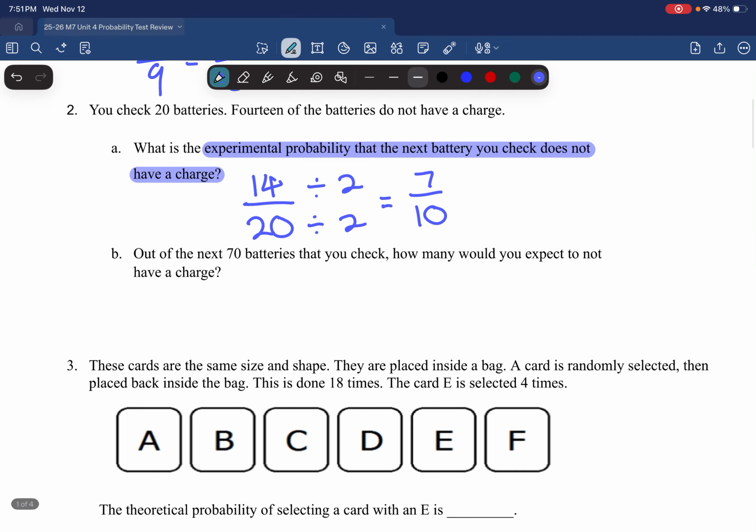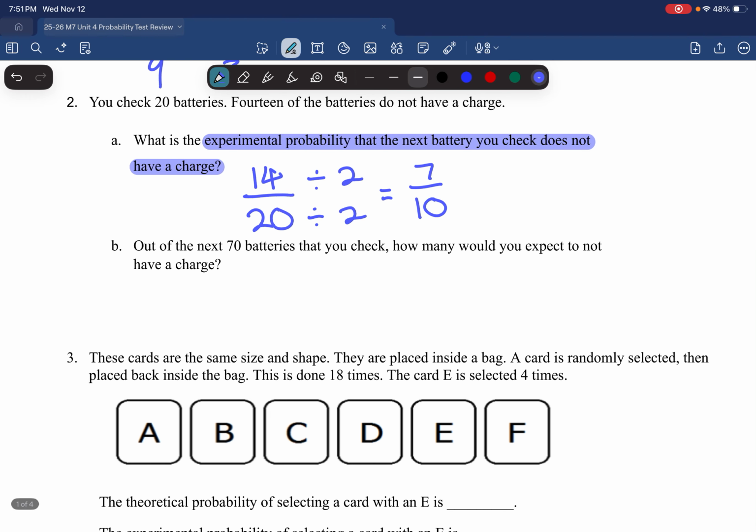All right, this is one that a lot of you have been having trouble with, so this is a good time to make sure you're paying attention. Out of the next 70 batteries you check, how many do you expect to not have a charge?